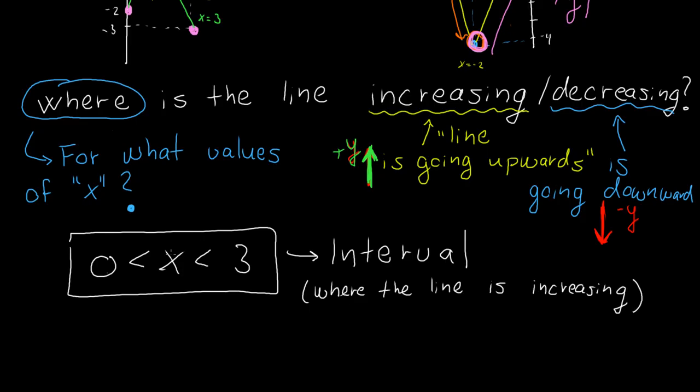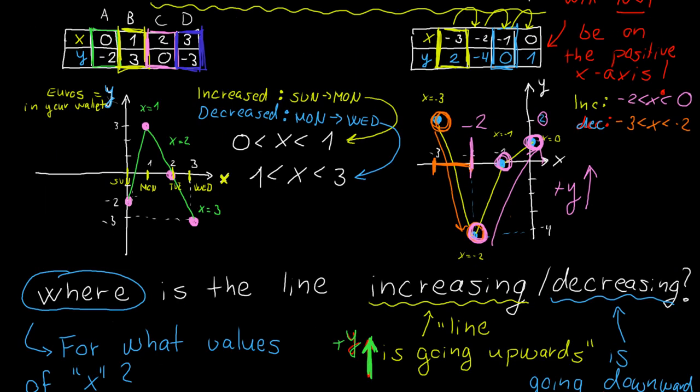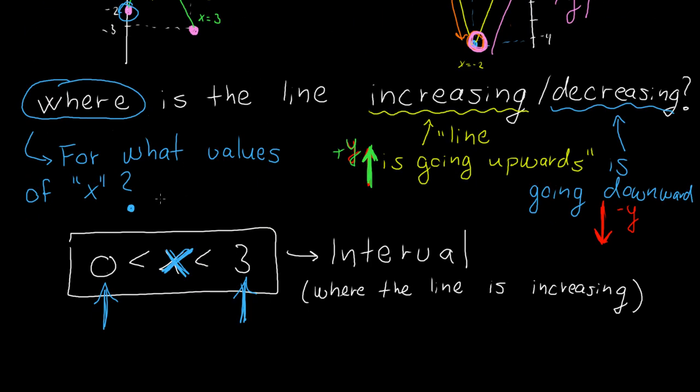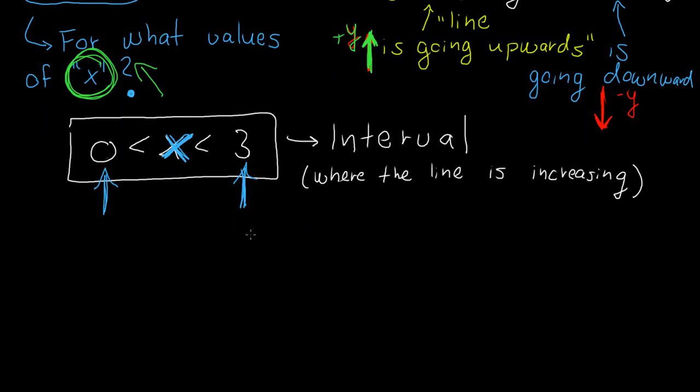And most importantly, this is x, not y. We are writing down the x values, not the y values. If you write down that it's increasing from minus 2 to minus 3, that is not my question. The question is for what values of x is the function rising or going down. So that's really important to remember and to practice.